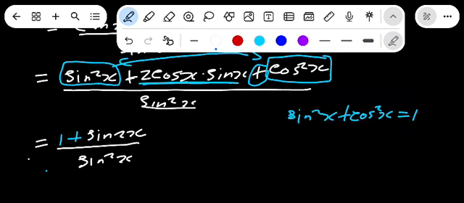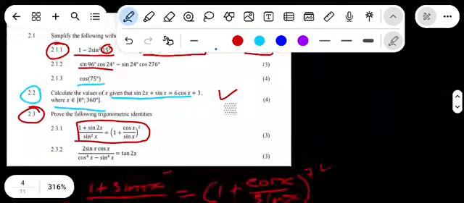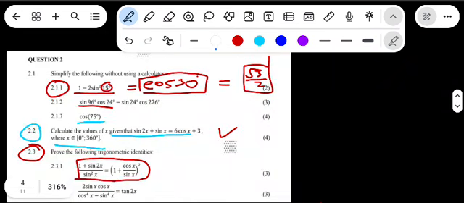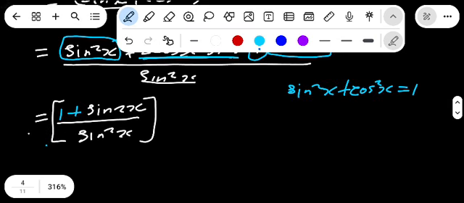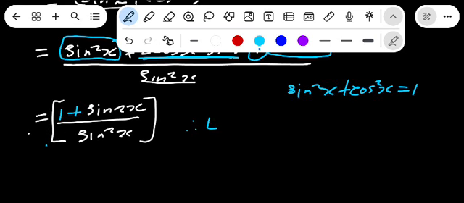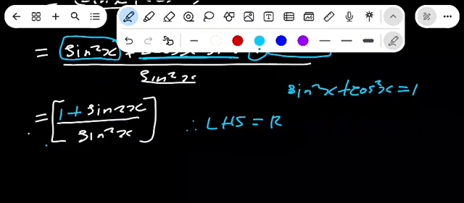So we have proven this. Yes, you can check. This is the same as what you've obtained. Here we have obtained 1 plus sine 2x over sine squared x. Therefore, the left hand side is equals to the right hand side.